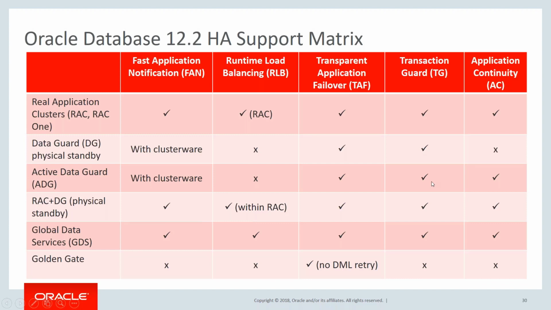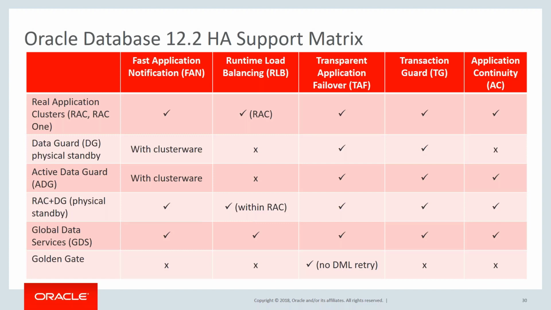Okay. Another question that we got: some people said that they have both managed and unmanaged ODP.NET apps throughout their company, and they wanted to make sure they understood that some of the features don't work over TAF when you're using managed, and so they should use FAN instead of TAF.